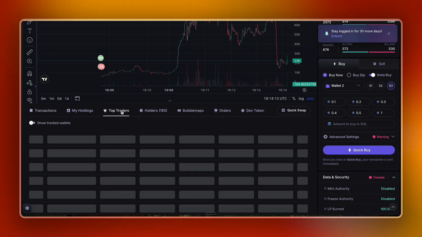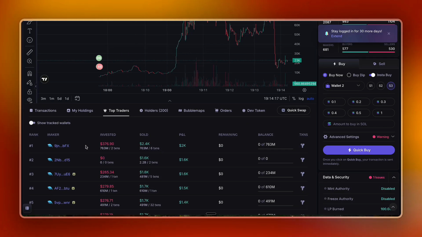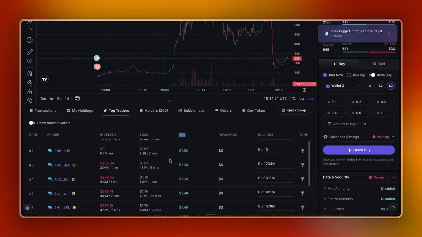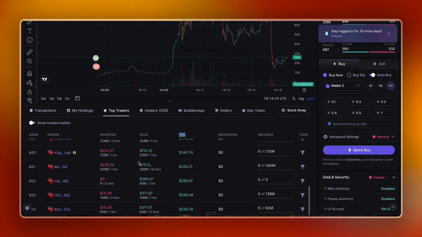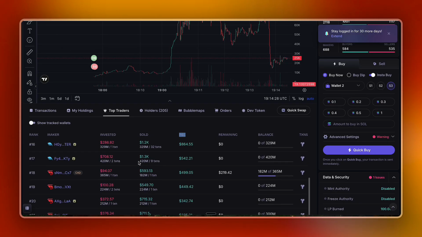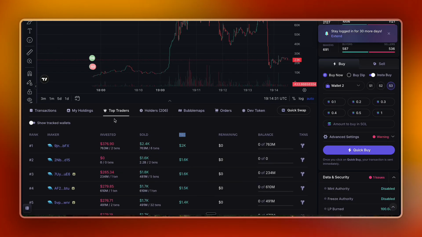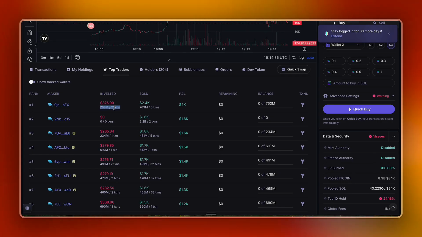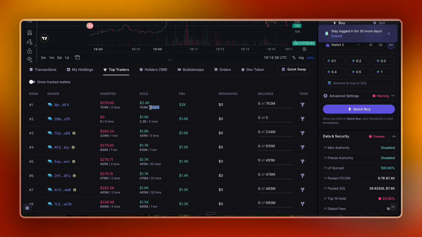And then what you would do is you would come to top traders, and now you have all the people who made the most money on this token. So you can see here, you can scroll through every single one of them and open all of them up one by one, or you can filter them out beforehand by seeing how many transactions they made for the buy, how many transactions they made for the sell, how much they invested, how much they made.